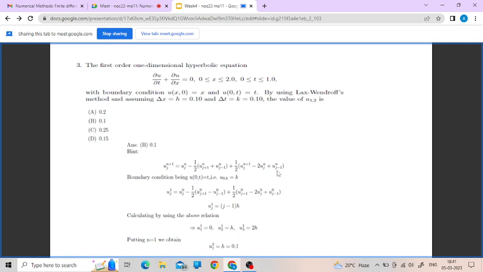So substitute all the Taylor series expansions. When you substitute over here, you will get 2 del t into del u over del t at i comma j plus 2 del t cube upon 3 factorial into del cube u upon del t cube at i comma j plus dot dot dot upon 2 del t. Similarly, substitute in these equations and see, are you getting this?